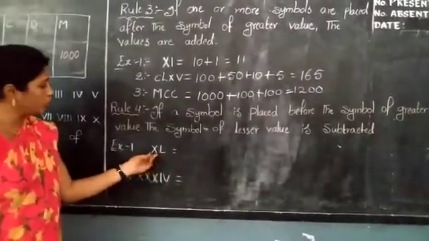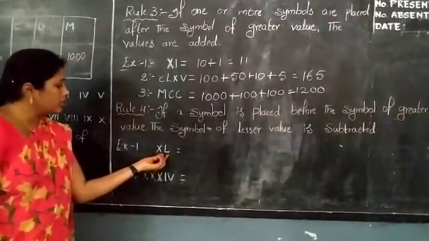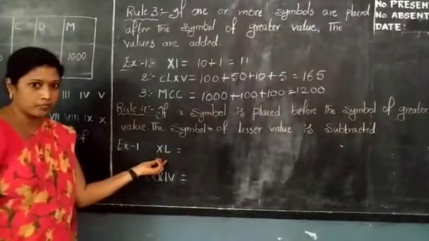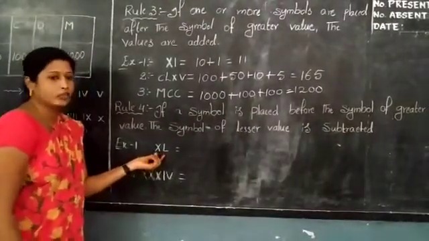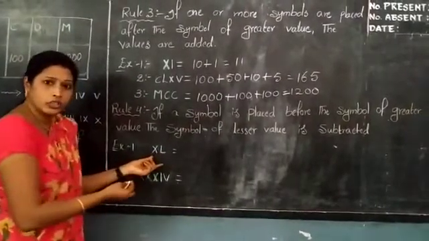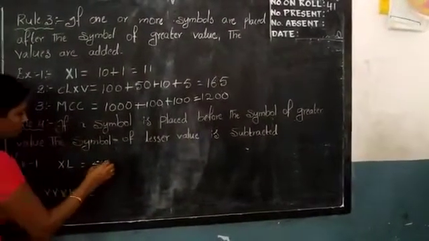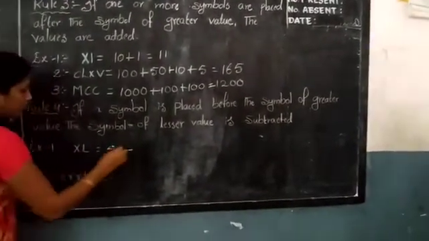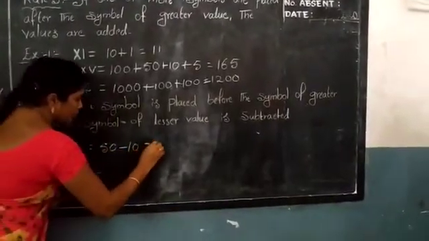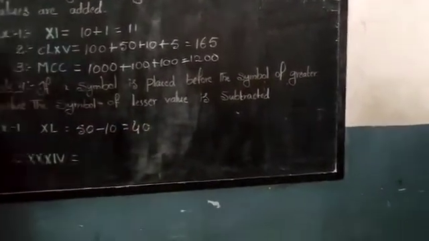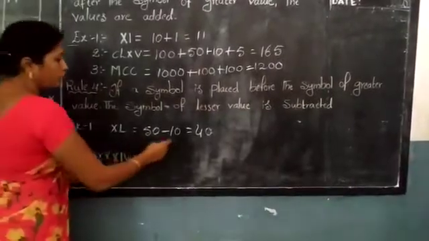L. So, the lesser symbol is placed before the greater symbol. Then what should we do here? Subtract. L means 50 minus 10. So, the value is 40.